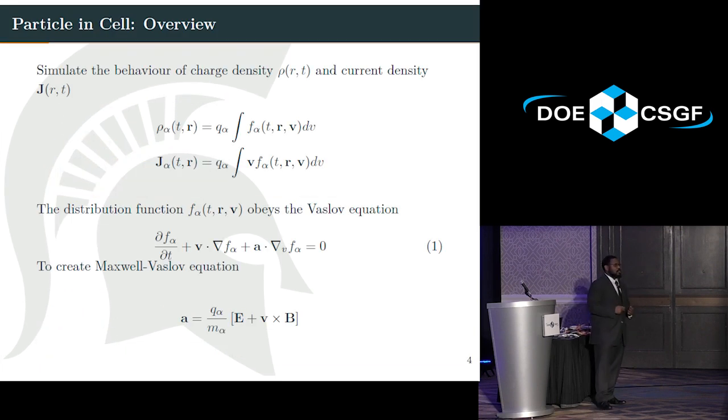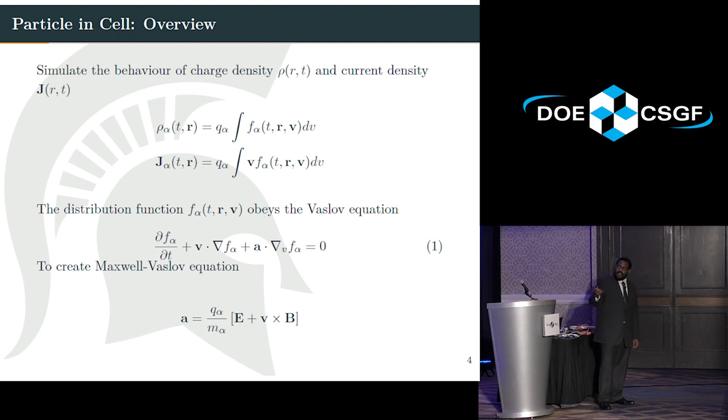So what are we trying to do? We're trying to represent our sources, which is our charge density rho and our current density J, and we're going to represent them with some distribution function F. And that distribution function has to obey the Vlasov equation, and to make it the Maxwell-Vlasov equation, we're just going to represent our acceleration using the Lorentz force there.